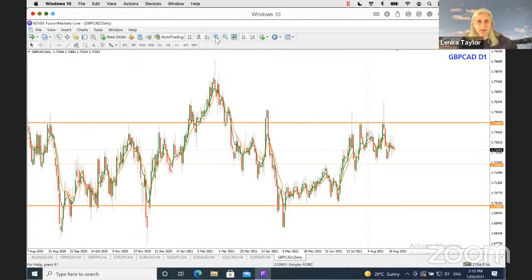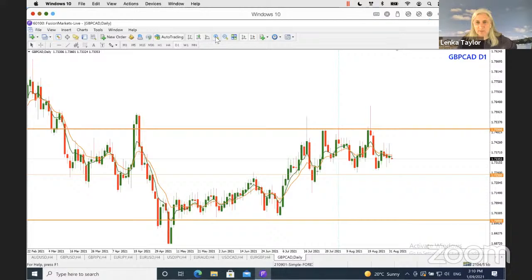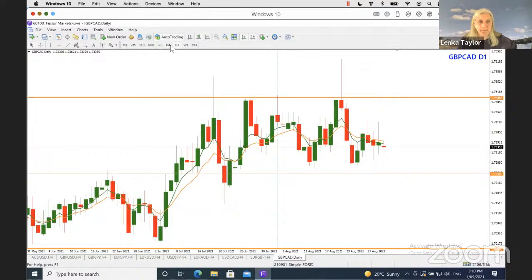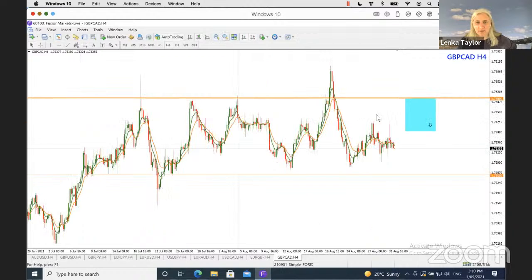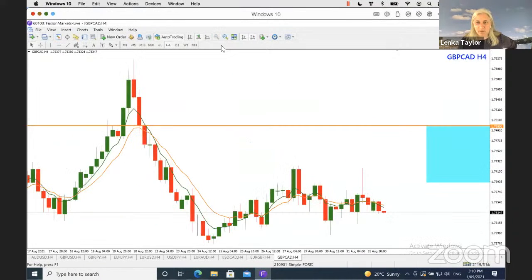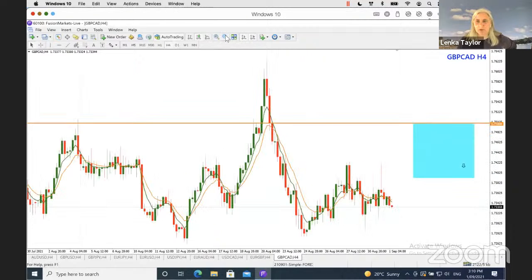On the daily, we had some movement down, so now I'm looking at the price to go a little bit further up. I would like the reversal, something like that at the top near the horizontal line, or at least at the top of these peaks. That would be great. So looking for a short on GBPCAD.